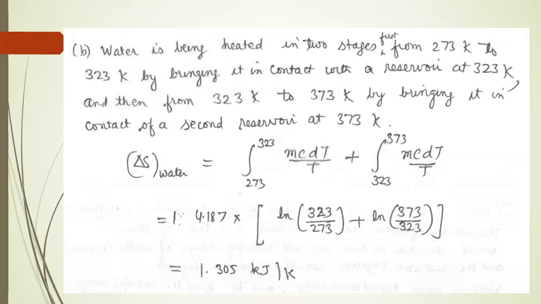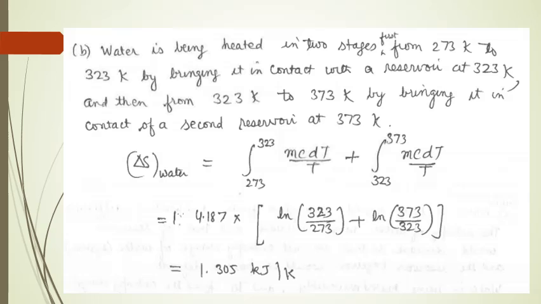So the entropy change of water has been split into two parts and will be added. In the first part, we have the entropy change when the temperature is raised from 273 Kelvin to 323 Kelvin, and in the second part, the entropy change when the temperature rises from 323 Kelvin to 373 Kelvin.